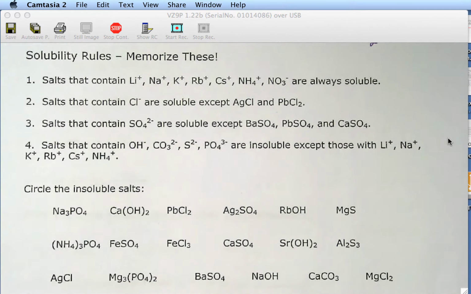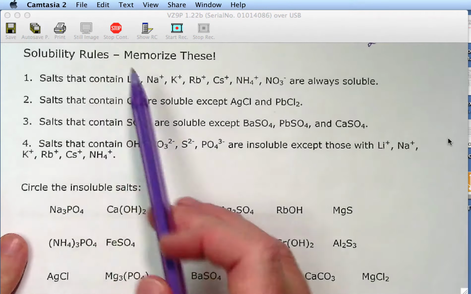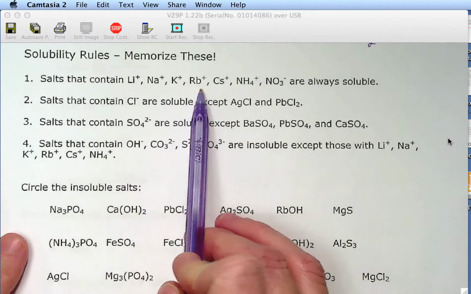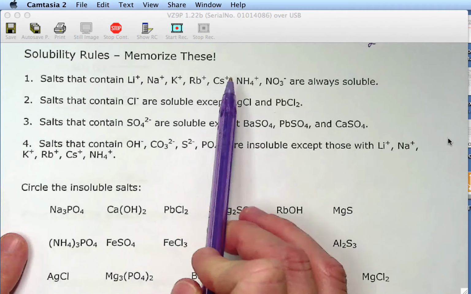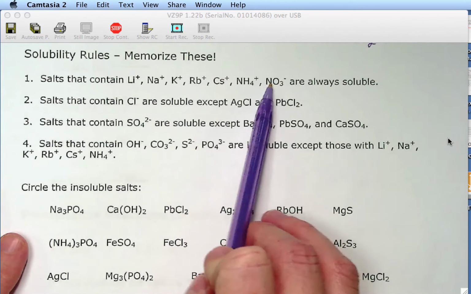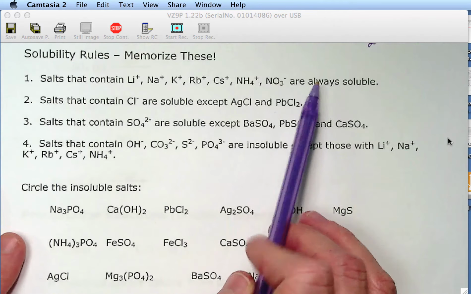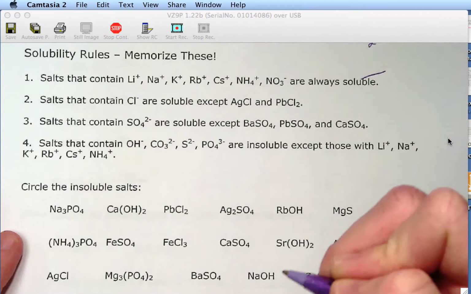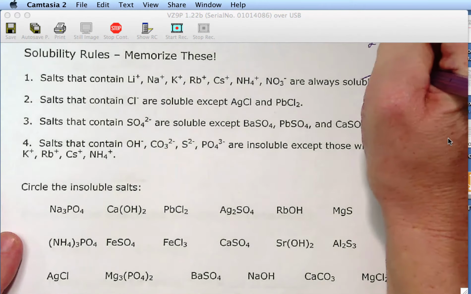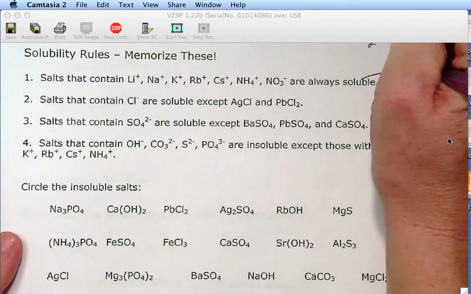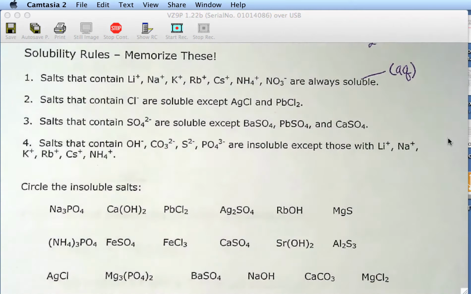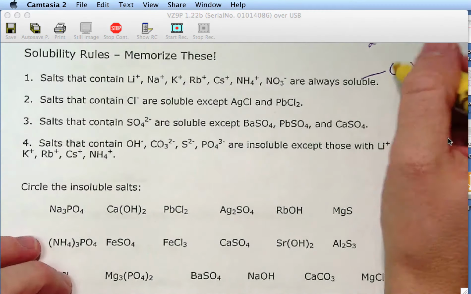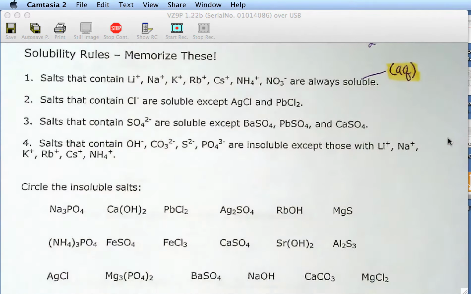So salts that contain lithium, sodium, potassium, rubidium, cesium, ammonium, nitrate are always soluble. So soluble, what symbol does it get? AQ. Now, what group are lithium, sodium, potassium, rubidium, cesium?